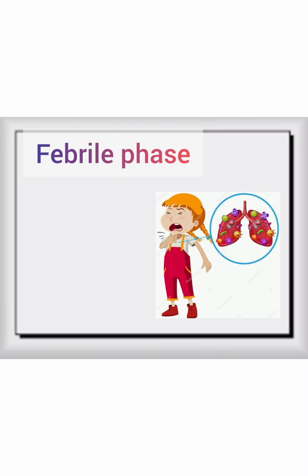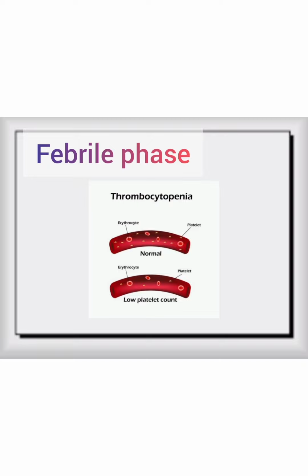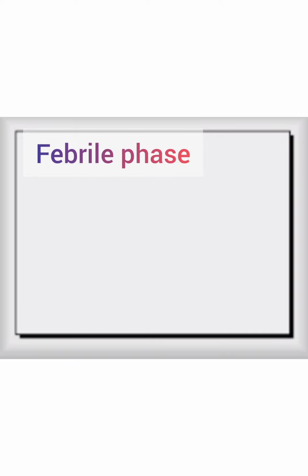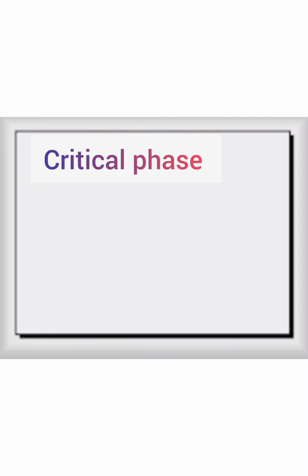And some respiratory symptoms are also involved, such as cough, sore throat, and congestion. And thrombocytopenia is very common in this because bone marrow is involved. So you will have leukopenia and thrombocytopenia. Leukopenia is fewer white blood cells than normal, and thrombocytopenia is fewer platelets than normal.